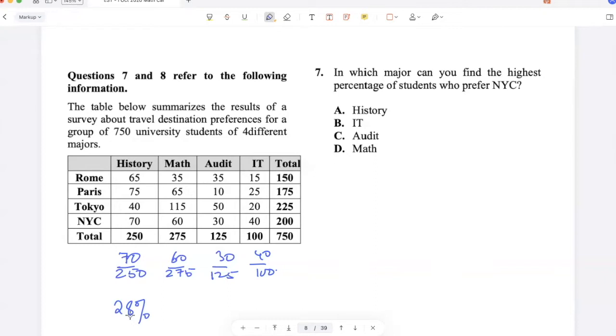So that's 21.8%. 30 by 125, 30 divided by 125, 24%. And 40 by 100, that's 40%, right? So obviously the highest is with IT, 40%.